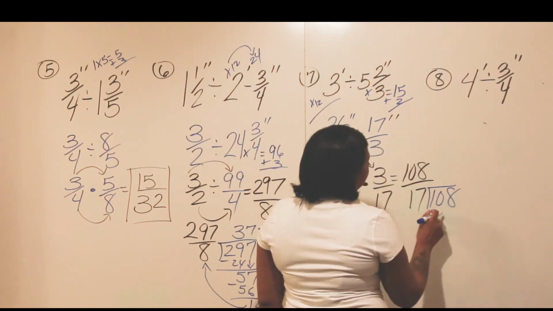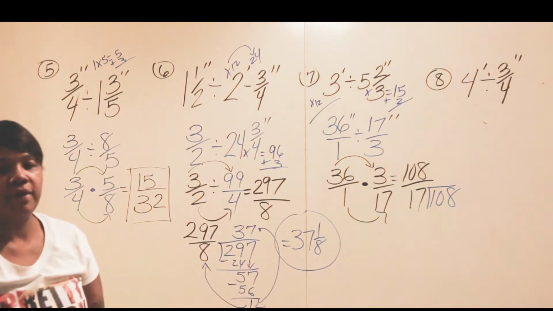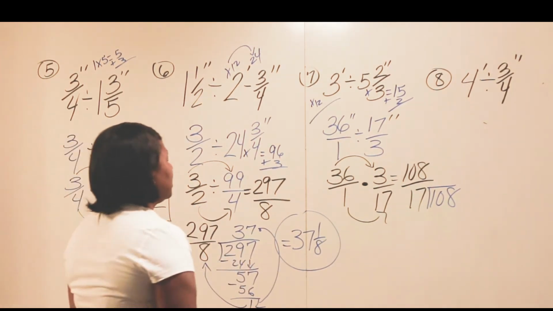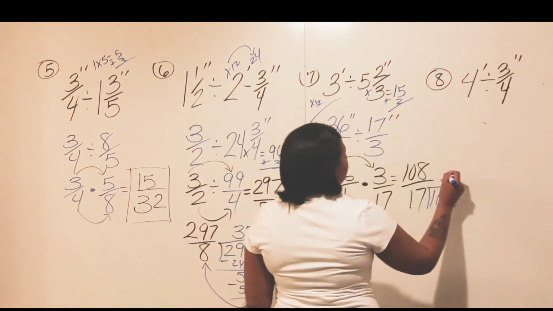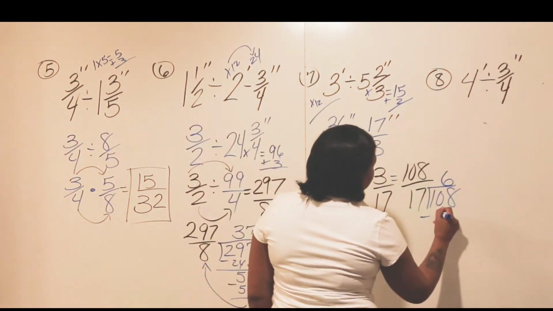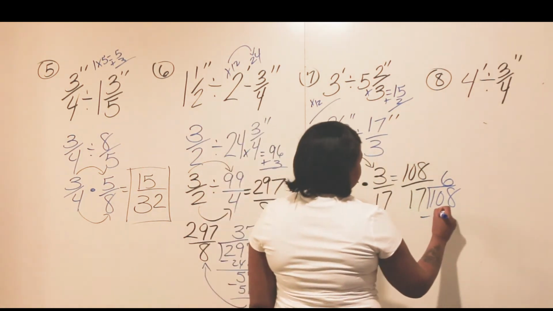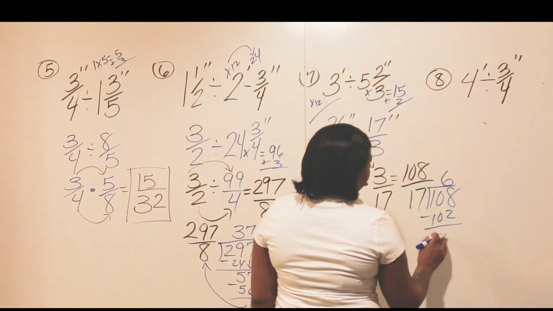We know that 17 can't go into 10. How many times can 17 go into 108? 6 times. And 6 times 17 we have to subtract. We're left with 6.